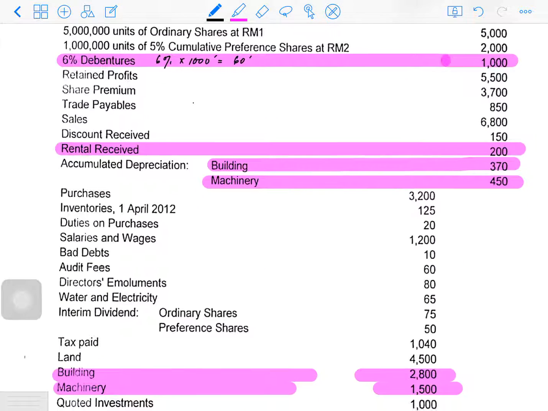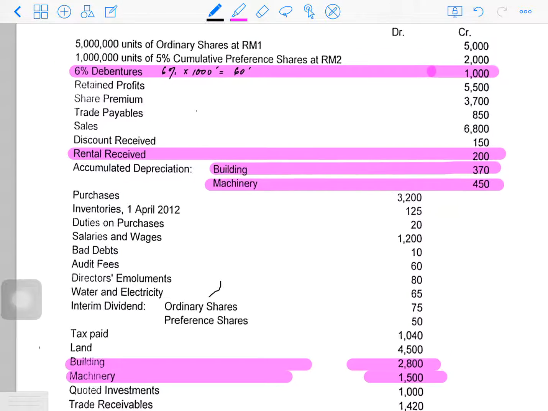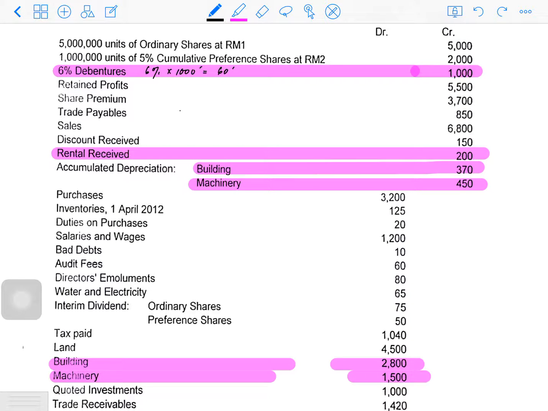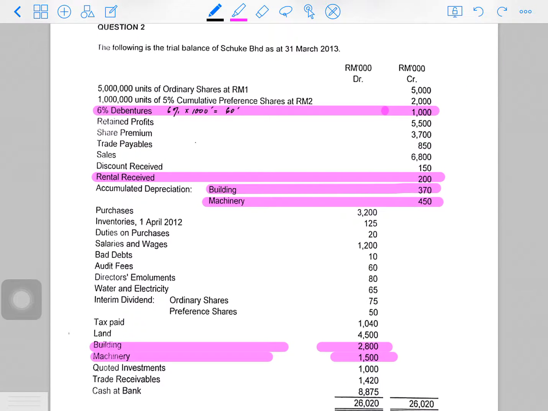Looking at your trial balance here, have they paid this interest? The additional information says it has not been provided yet. Is there any item called debenture interest? Tak ada kan? So that means the whole thing has not been provided for. You have to provide the interest.